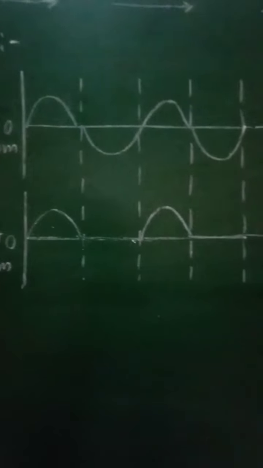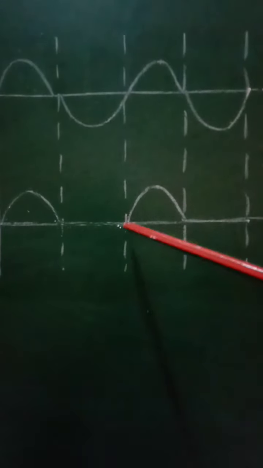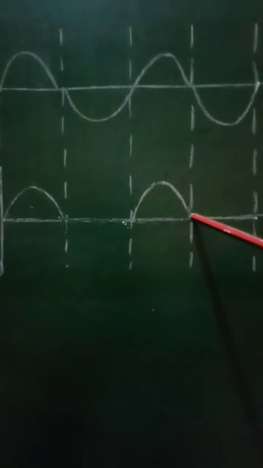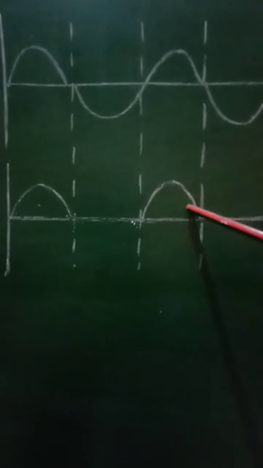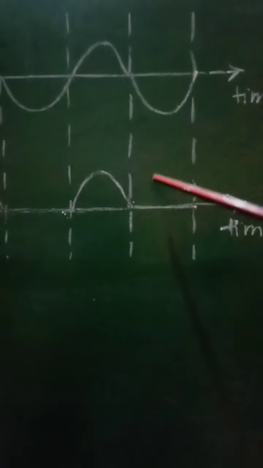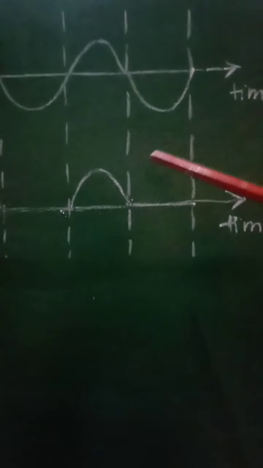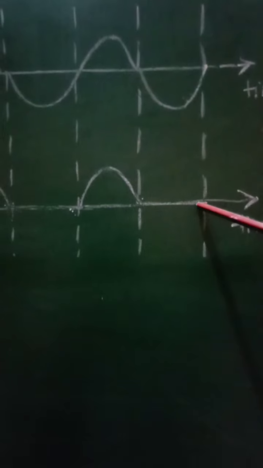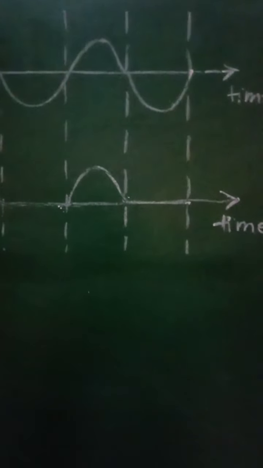Similarly, during the next positive half cycle, again the diode will be forward biased, hence it will conduct current and we will get output across the load resistance RL. During the next negative half cycle, the diode will be reverse biased and therefore it will not conduct current and we will not get output across the load resistance RL.